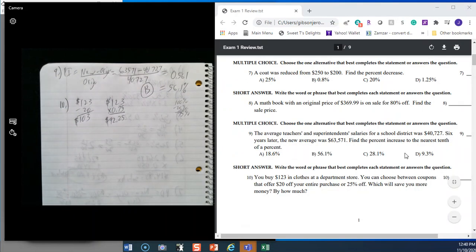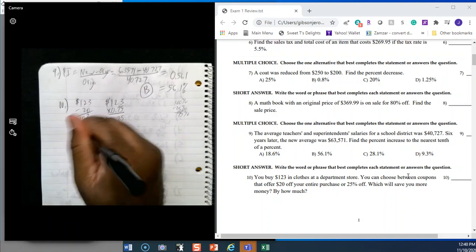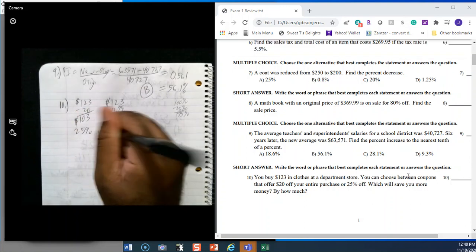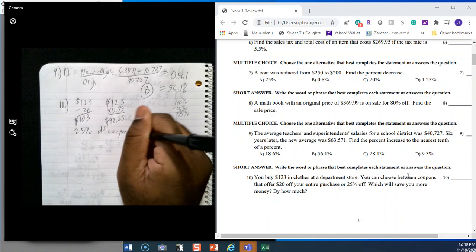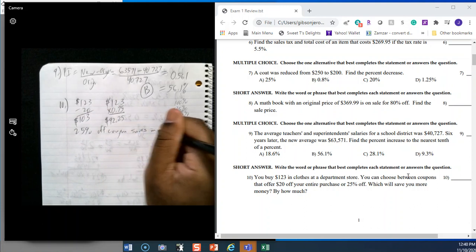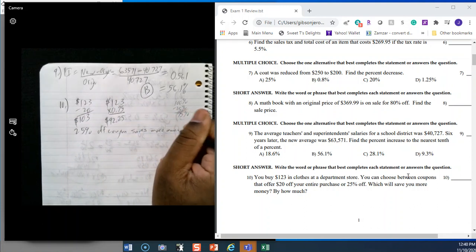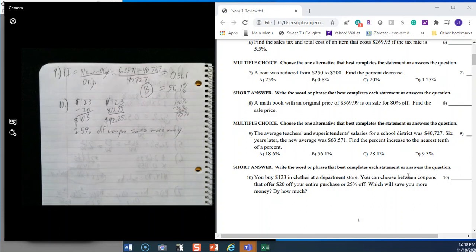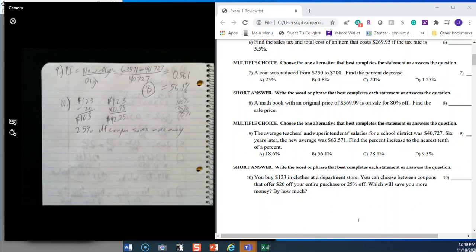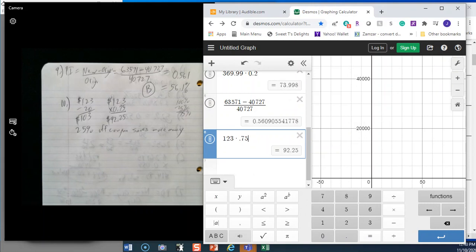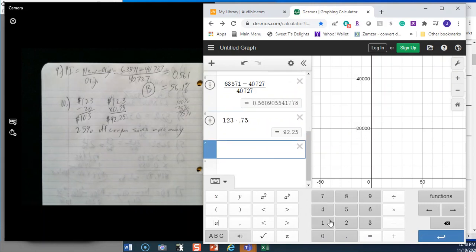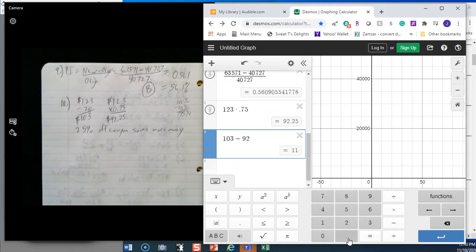Now, it asks us here which will save you more money. The 25% off coupon saves more money. And then they say by how much. So what you need to do is find the difference of the two. So you would take the $103 minus the $92.25.